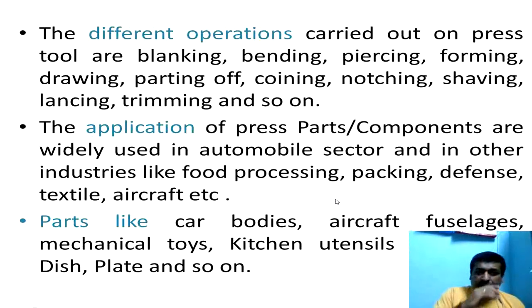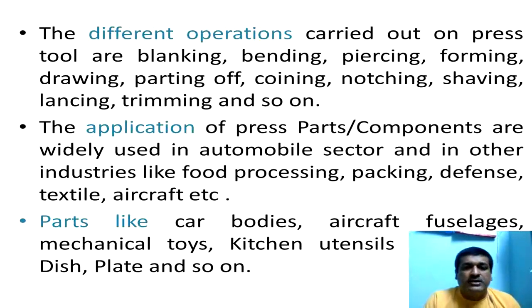Along with it, there are different operations which we are going to perform on press tool, and these operations are blanking, bending, piercing, forming, drawing, and so on. Each has its own specific purpose. According to that purpose, we are going to produce components. Now where we are going to use these parts?